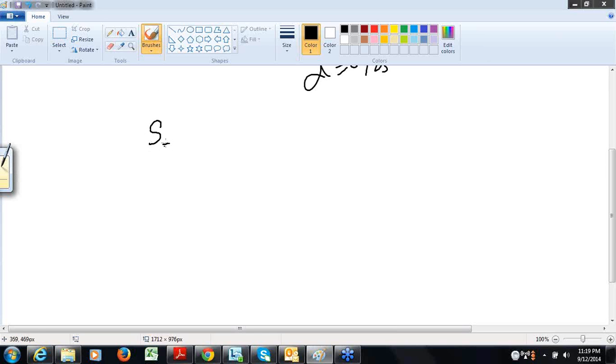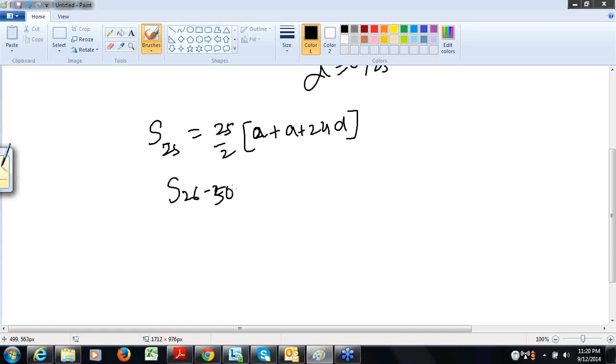So sum of first 25 terms will be 25 by 2 into a plus 24d.